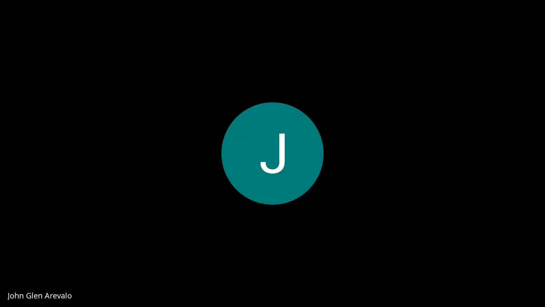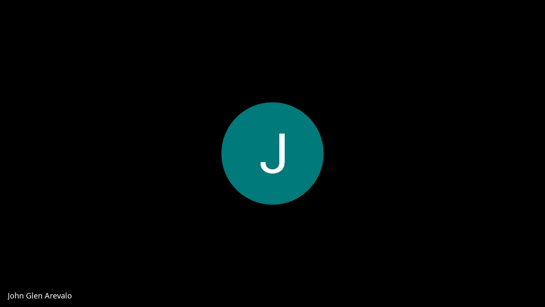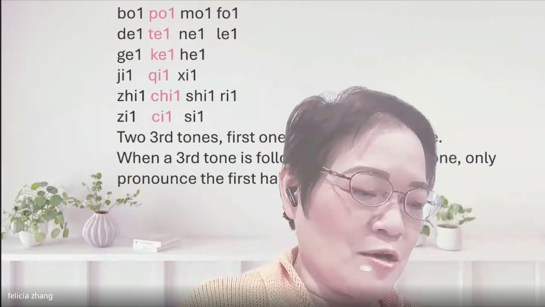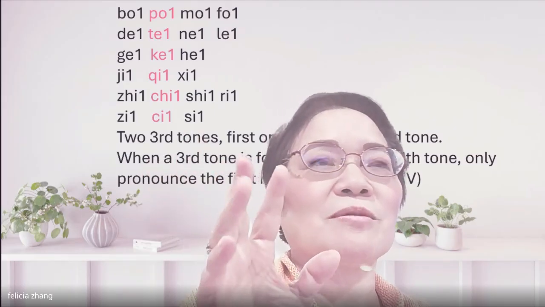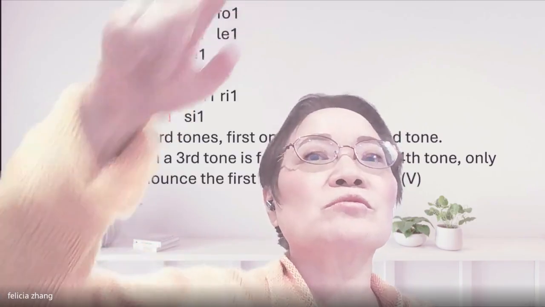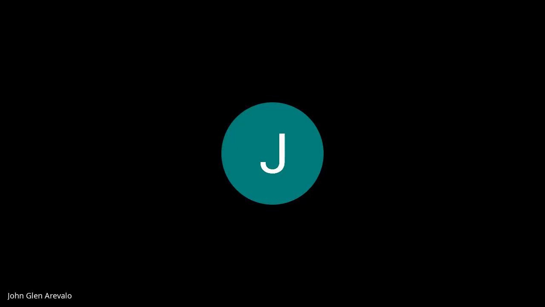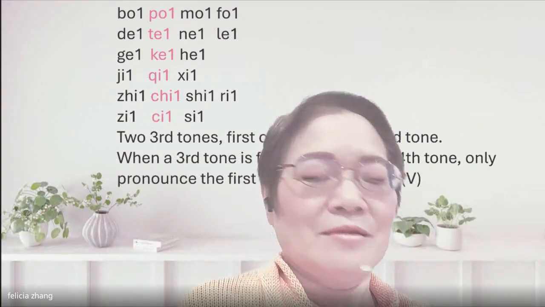John Glenn. 你好。你从哪里来？我从美国来。你呢？我从土耳其来。很好。Now both of you have a problem. 从 is second tone. 我从土耳其来。很好。What's your name?